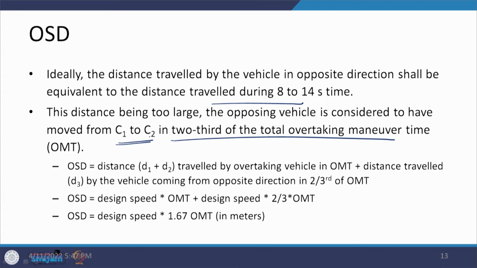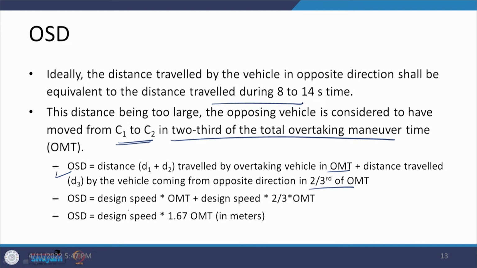So, the overtaking sight distance is the distance D1 plus D2 travelled by the overtaking vehicle in the overtaking maneuver time of 8 to 14 seconds, plus the distance D3 travelled by the vehicle coming from the opposite direction in 2/3 of the overtaking maneuver time.